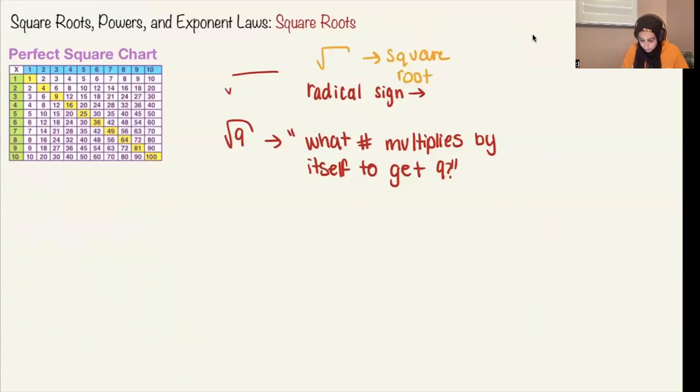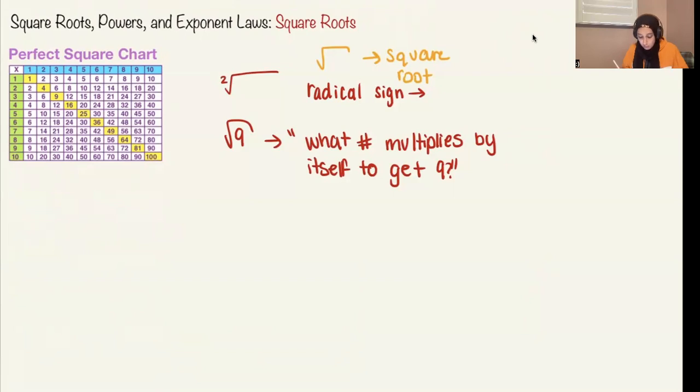It's kind of like when you say, for instance, 3. 3 is understood to be 3 to the power of 1, or 3 is understood to be 3 over 1. These imaginary numbers with the square root, the first one of them is the one with the 2, where it says what number multiplies by itself to give me 9, for instance.